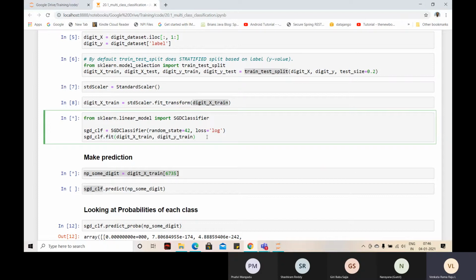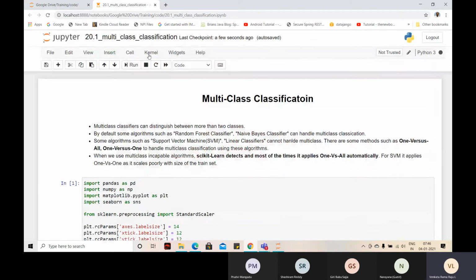Let's wait for one more minute, and then, no, I'll restart the kernel. Okay, we restart the kernel.